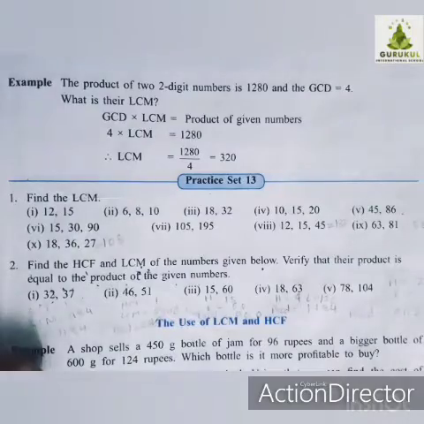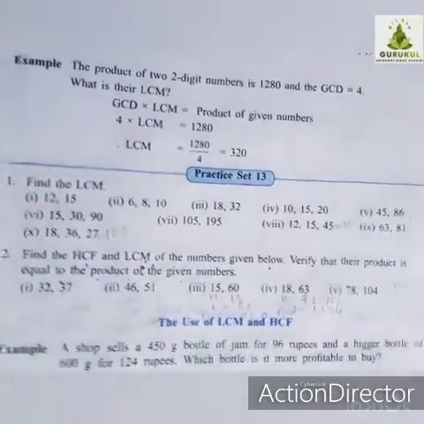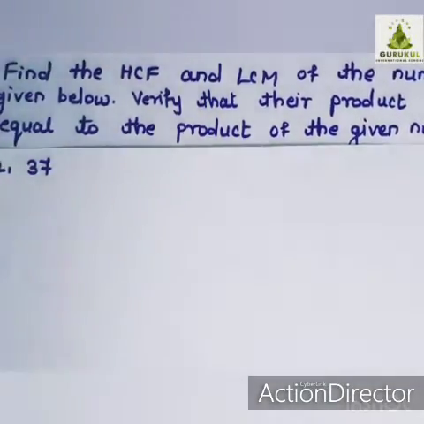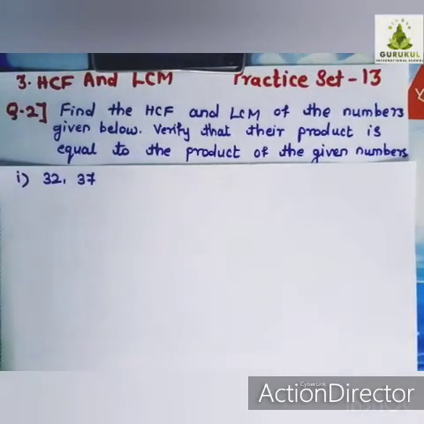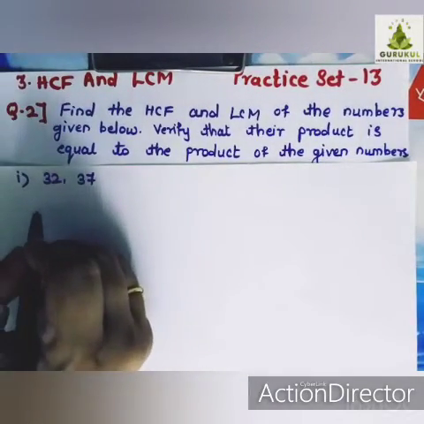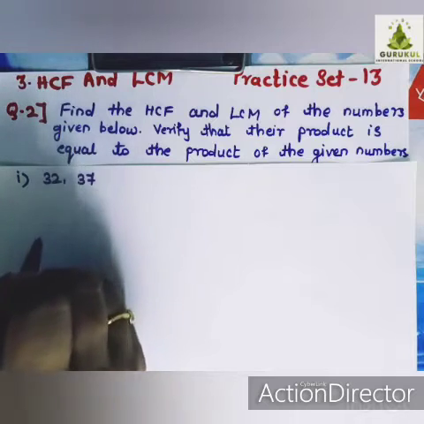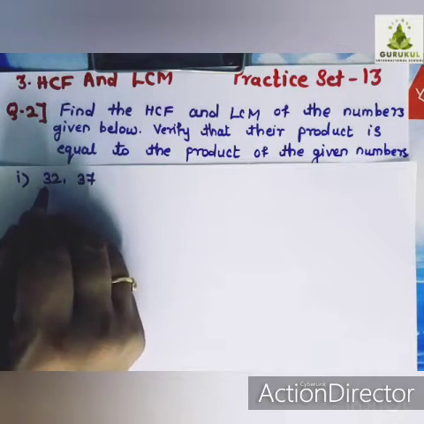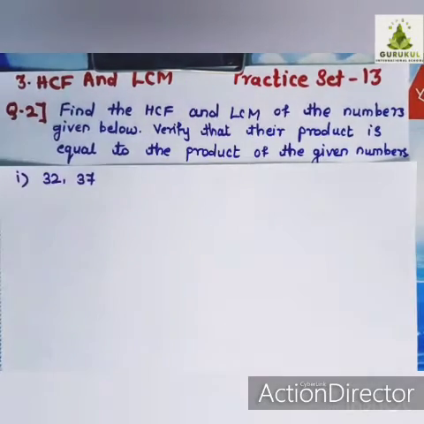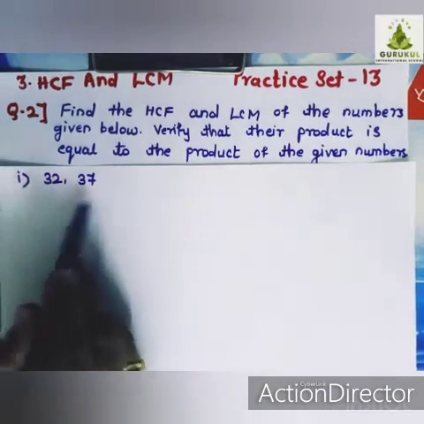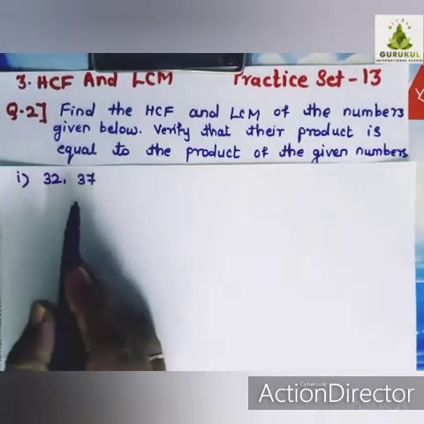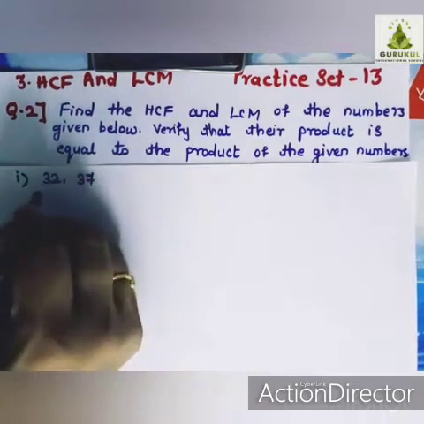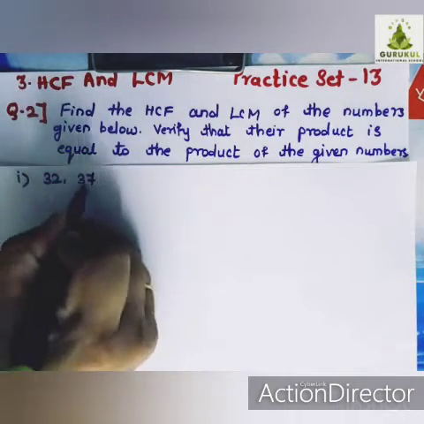So first of all, let us find out the HCF and LCM for the given numbers. Let us start here. 32 and 37 is the first pair. If you look at both numbers, these are co-prime numbers, which means we don't have any factor other than 1 in common.